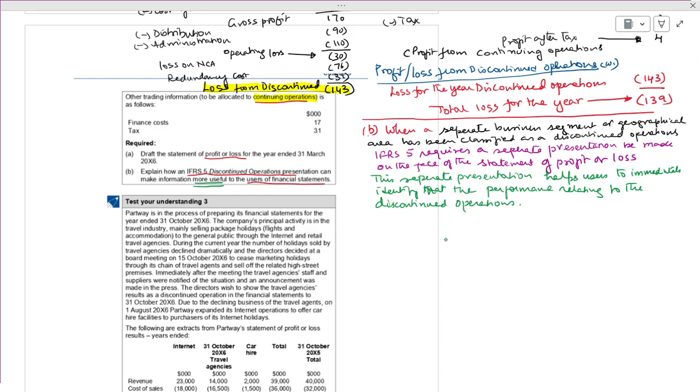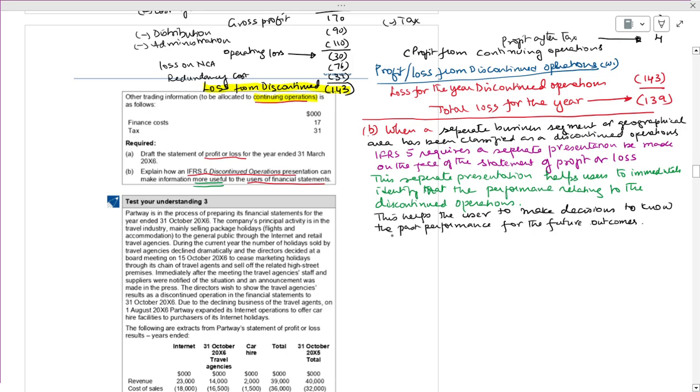Now, this helps the user. You can write in your own words, but the only thing is you have to give the message that this helps users to make decisions, to know the past performance for the future outcomes, future results.